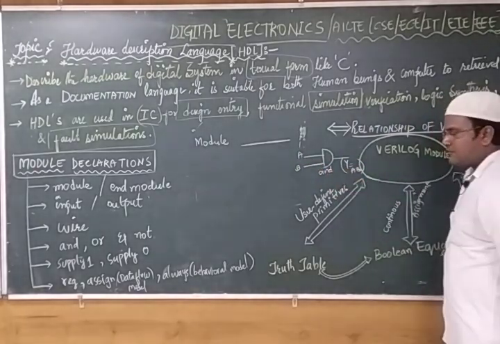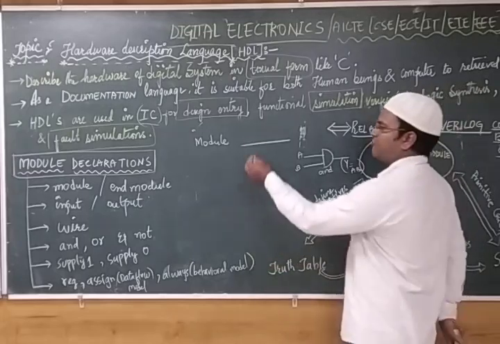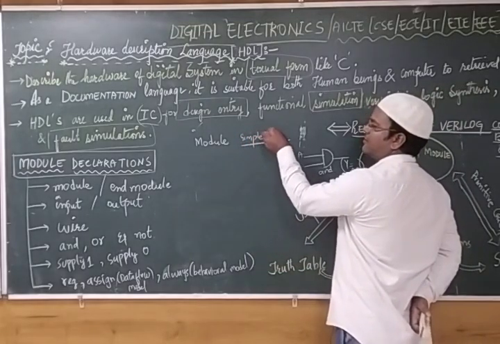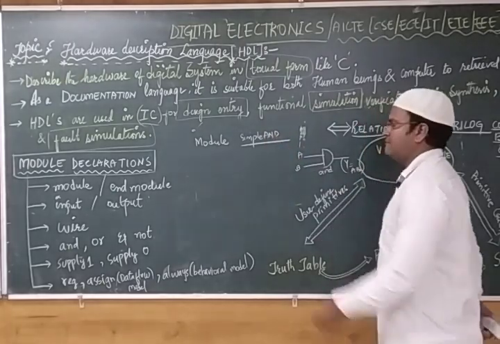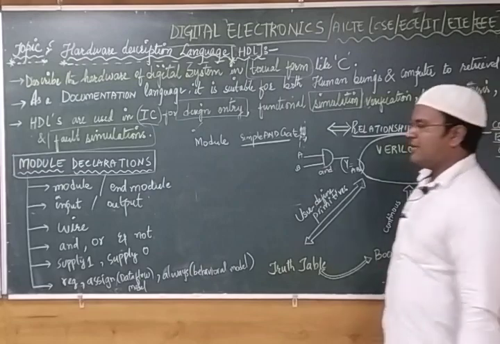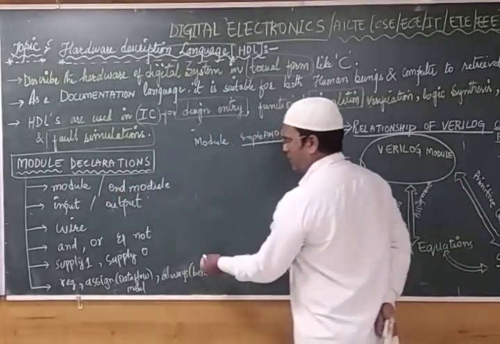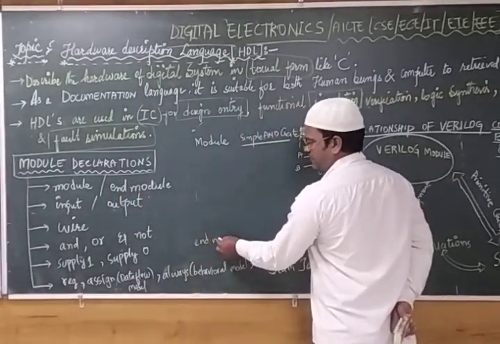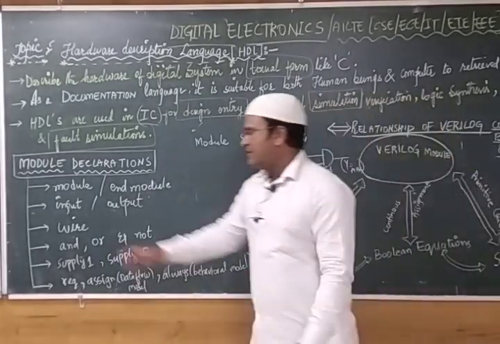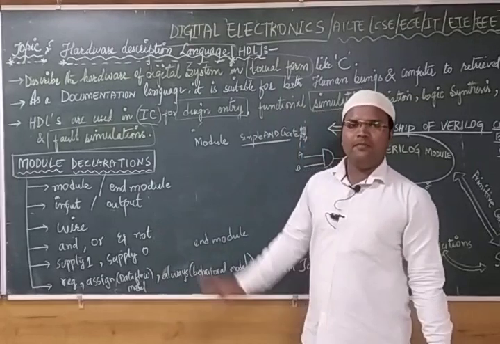What name am I writing for the module? I am writing simple AND gate. This is my user defined. At the end, when you stop, it is called end module, which means your program terminates there. This is the starting and ending of the program in HDL.